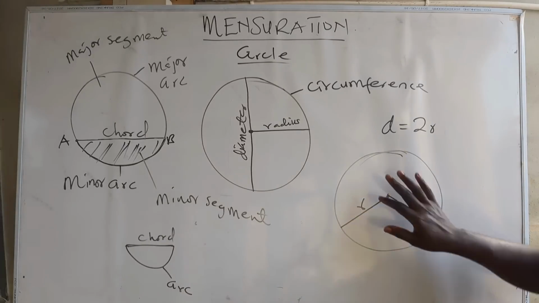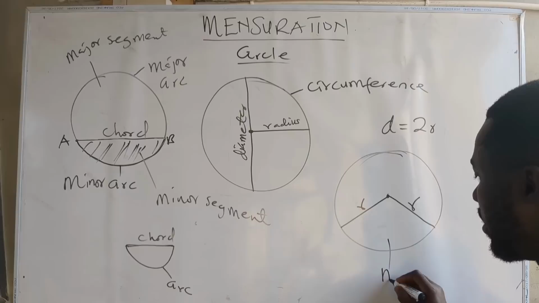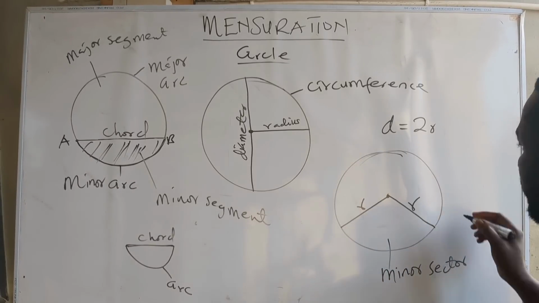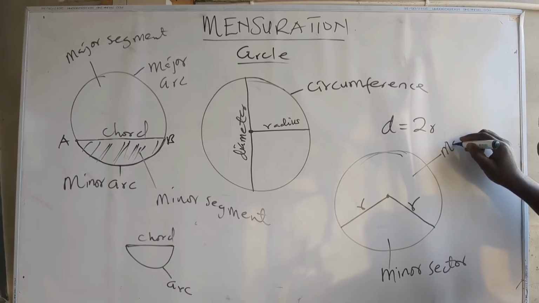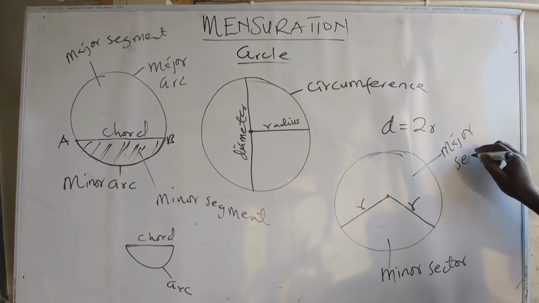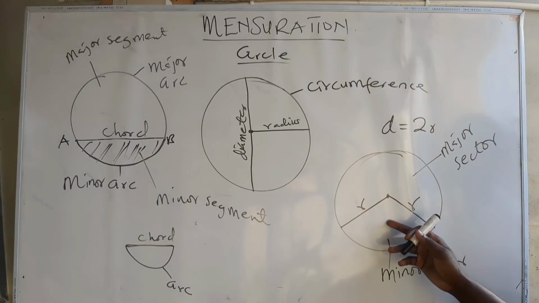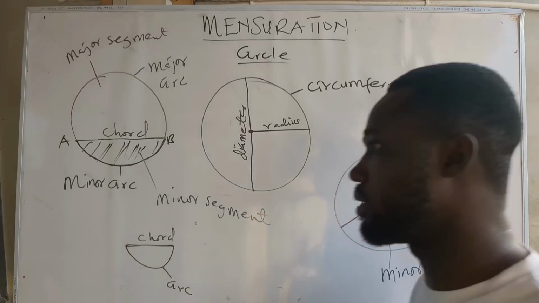But with the sector, you see that the upper part here is bigger than the lower part here. So here becomes a minor sector, and the bigger side, the top here, becomes a major sector. So let me see how a sector is.